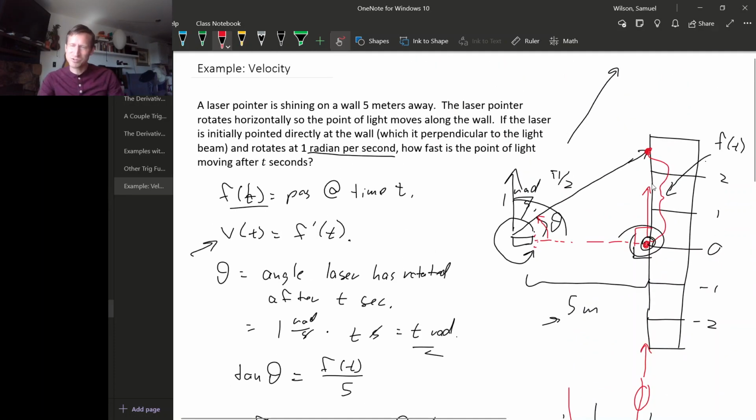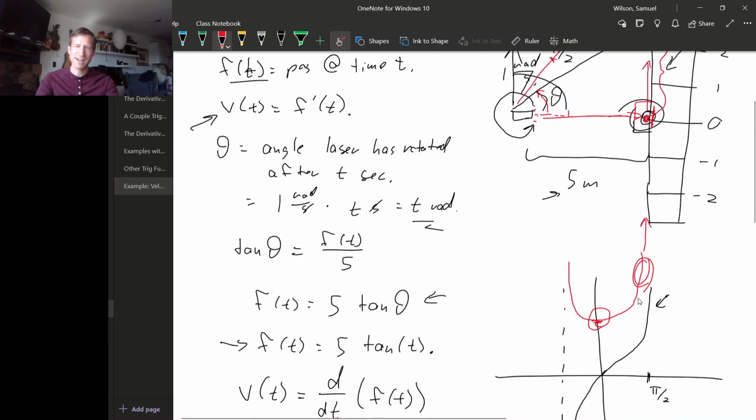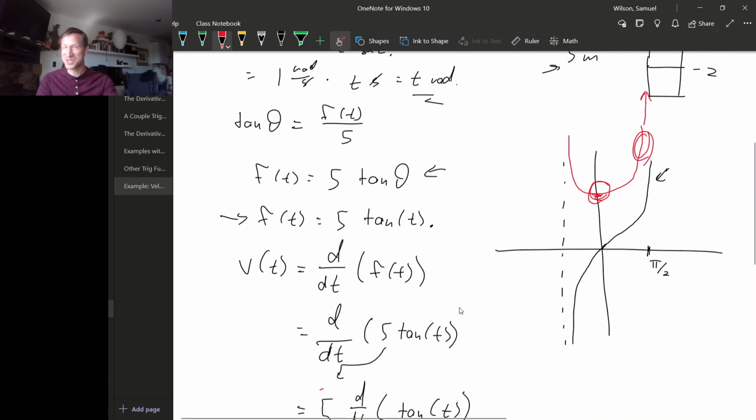That makes sense. When the laser is directly at the wall, a small change in angle will produce only a small change in position, so the velocity is smaller. When the laser is almost parallel to the wall, a small change in angle will produce a big change in position, and that means the velocity up here is much bigger. And the graph is showing that. So it's always nice when the graph matches what you think should be happening.